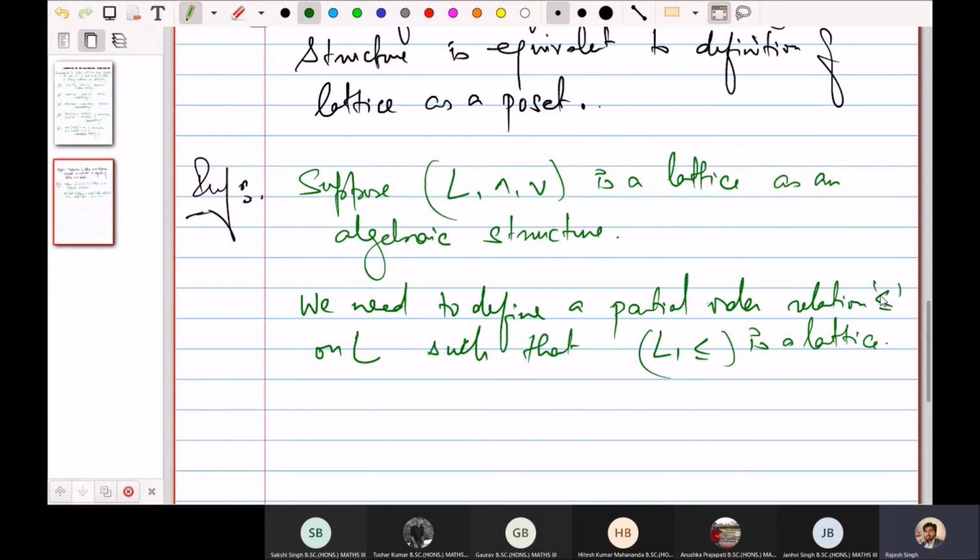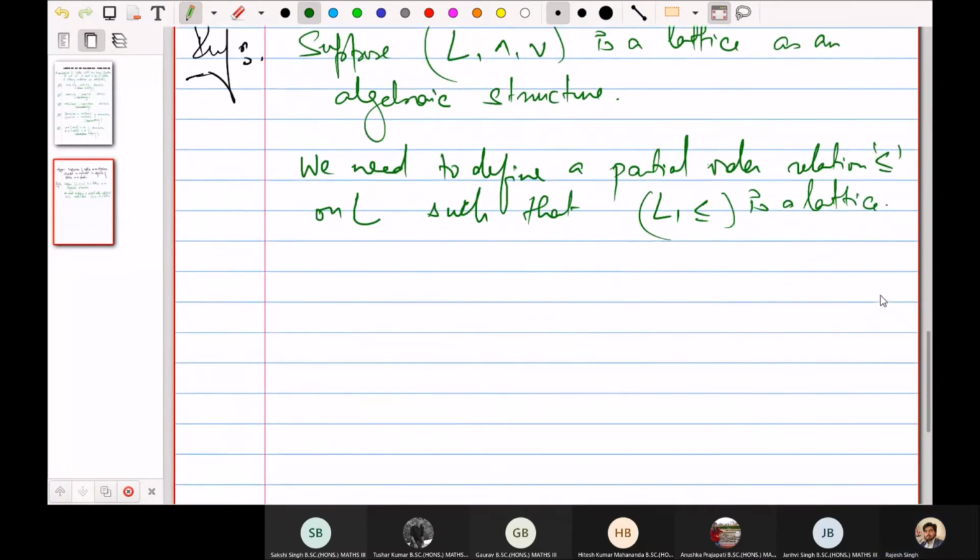So how will we define it? We have to use cap and cup. So how to define this relation?